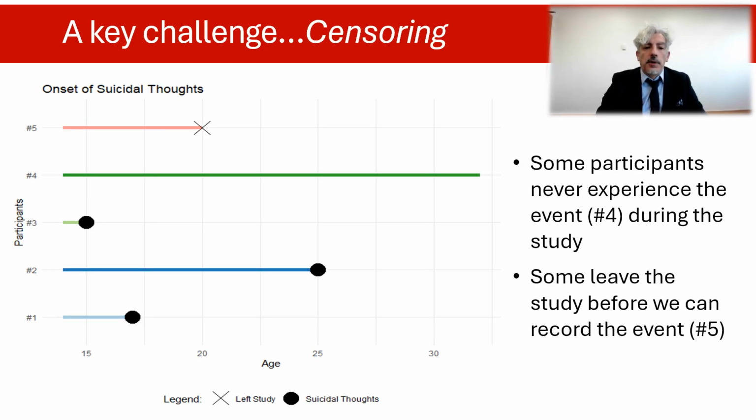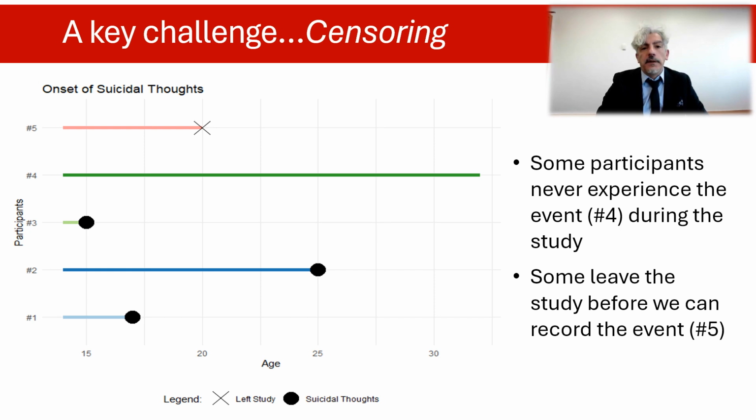Survival analysis provides a solution to a key challenge when we analyze data on event occurrence. In the first presentation, I provided this fictional example, and I will use it again to illustrate censoring. So suppose we are interested in investigating whether and when young people experience suicidal thoughts for the first time ever.